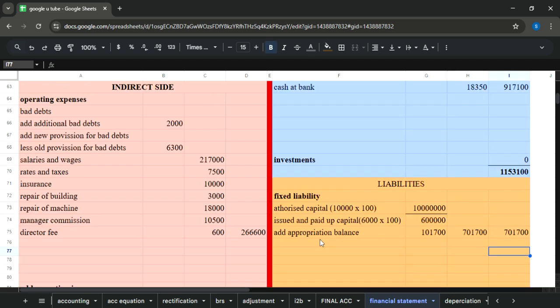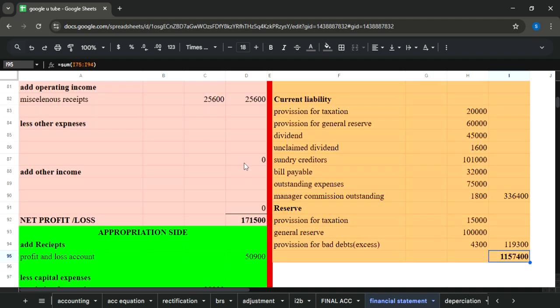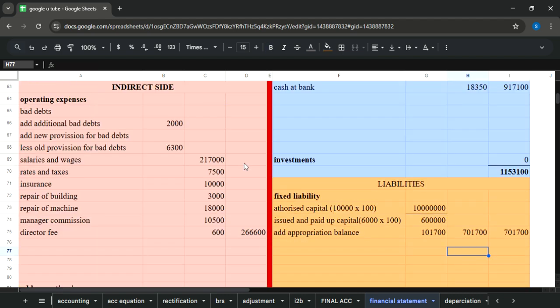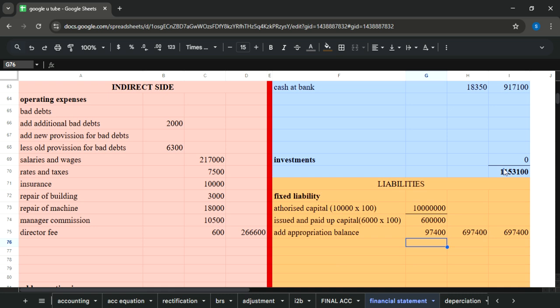And now we will change this appropriation balance. After deleting the provision from net profit, our answer for appropriation balance is now 97,400. So just write down 97,400 over here. Alright guys, now you can see your answer is still 11,5,300. Balance sheet side is equal.